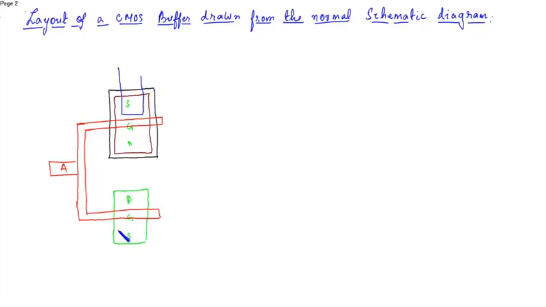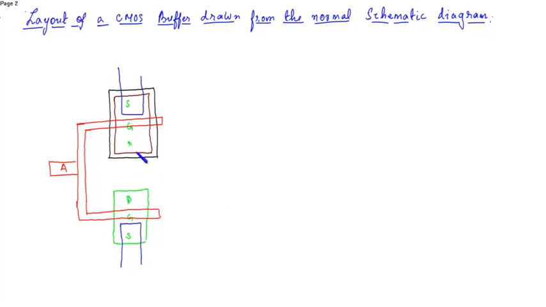I'm not drawing the whole metal layer over here because we know that the same VDD and ground will be drawn in the second inverter, so there we can directly join.